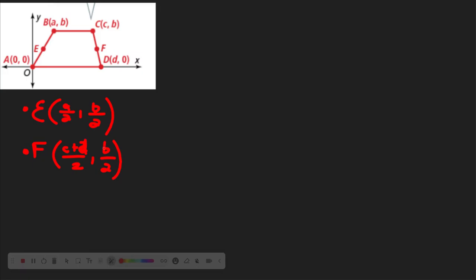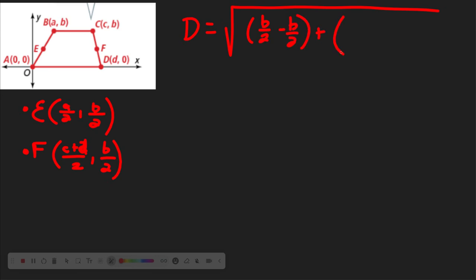And how are we going to find that it's the average? We have to find the distance between E and F. So I'm just going to take my time and plug it in. It's B over 2 minus B over 2, sweet, squared, plus, this is going to be harder, C plus D over 2 minus A over 2, squared.